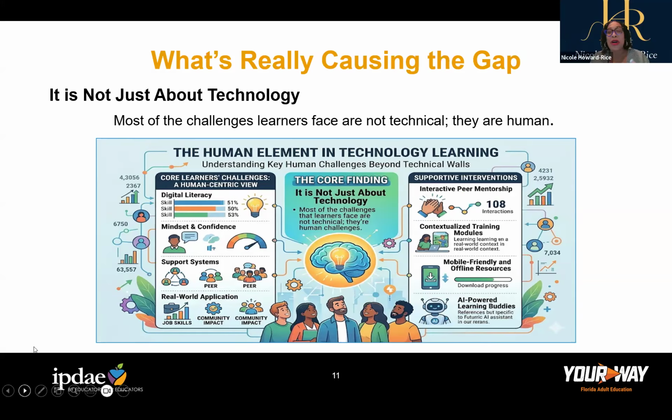The real cause is not just the technology. Let's dare to really talk about it. It's about the human experience. It's about the human element within the technology and the learning around it.